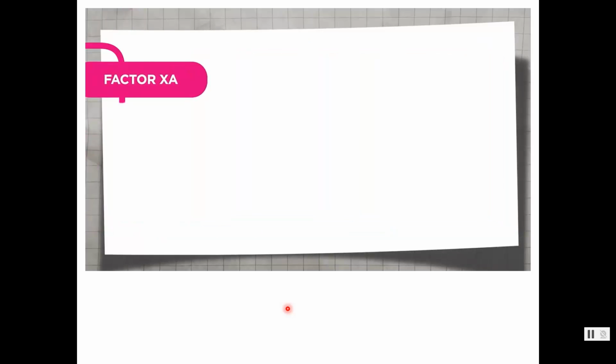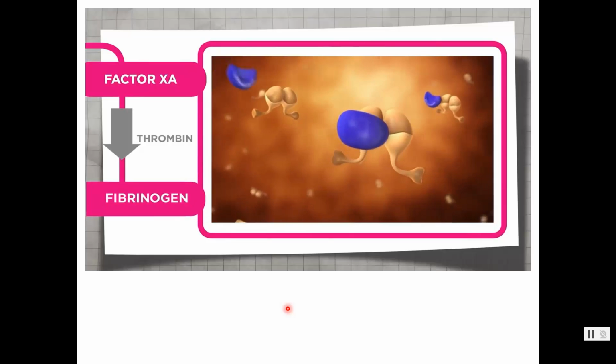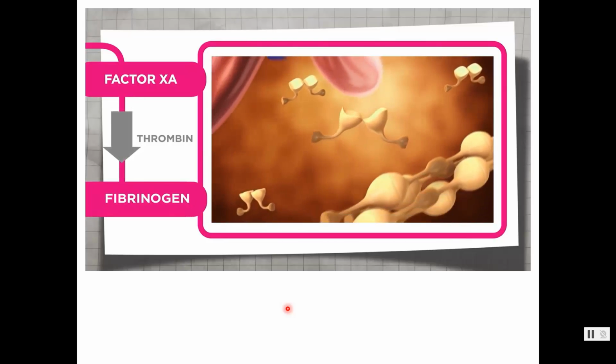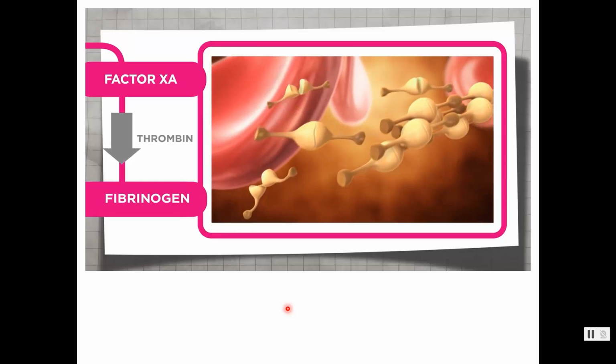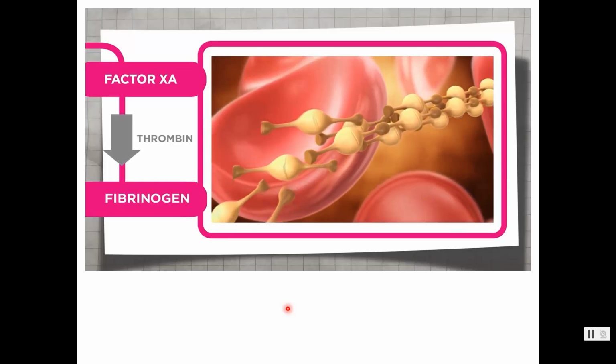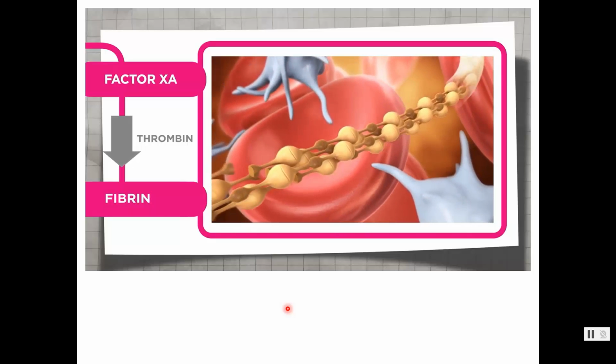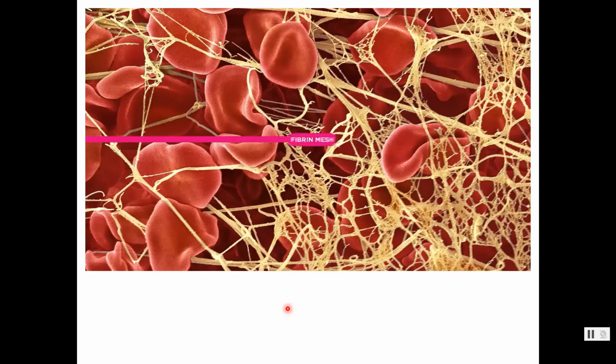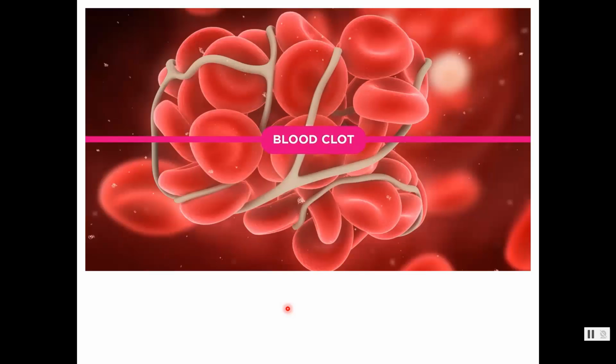These clots form through activation of the coagulation cascade, culminating in the factor Xa mediated generation of thrombin and the thrombin mediated cleavage of soluble fibrinogen to insoluble fibrin. Fibrin forms long strands which are cross-linked to form a mesh that traps passing red blood cells and platelets. Over time, these build up to form a clot.